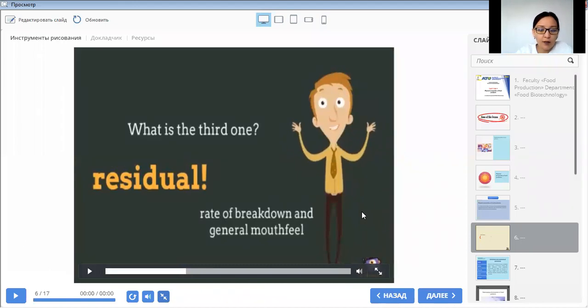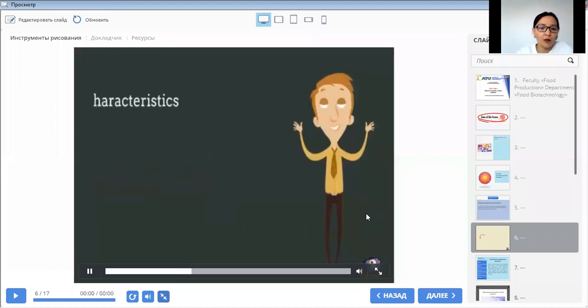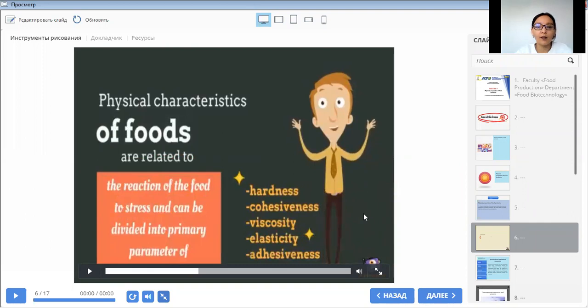And next, the third group is the residual characteristics. The physical characteristics of foods are related to a reaction of the food to stress, and they can be divided into primary parameters of hardness, cohesiveness, viscosity, elasticity, and adhesiveness.